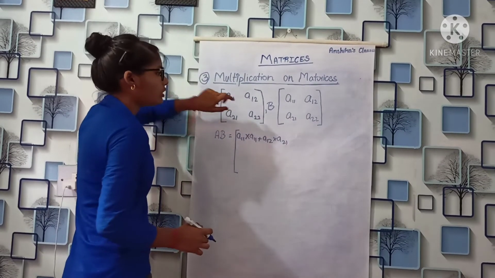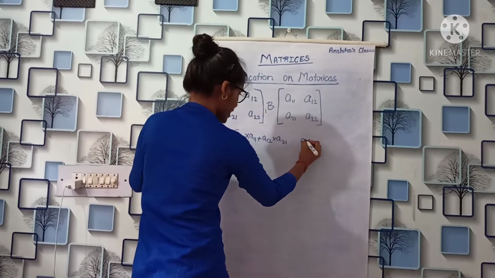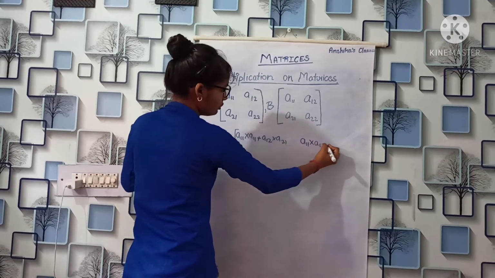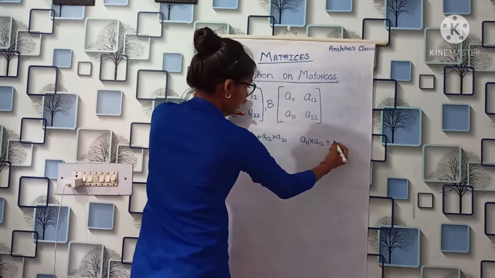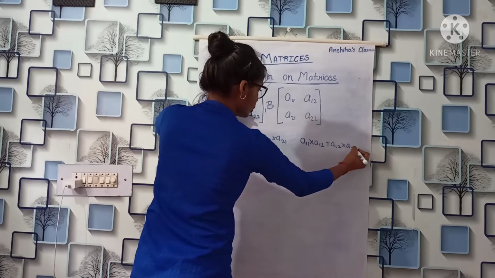Then first row multiplied by second column: A11 multiply A12 plus A12 multiply A22.